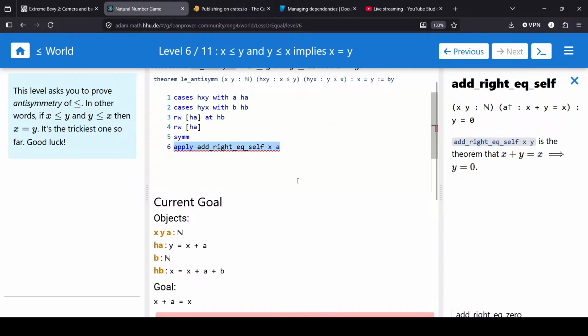Oh no. But it looks so similar. So I guess I can't do that. So I need to prove that A equals 0? Is that it? Well, that's annoying. How do I do that?